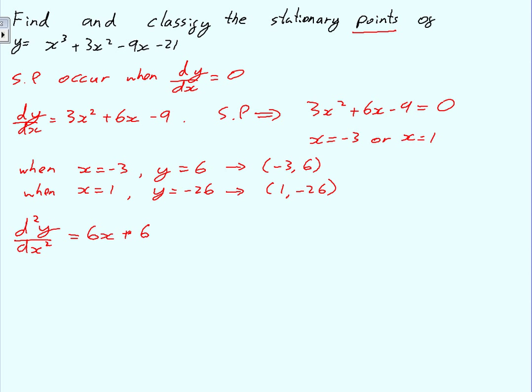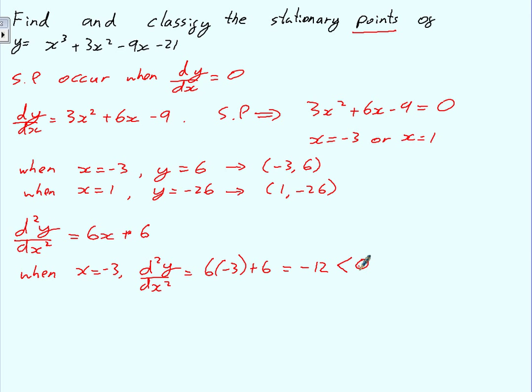So once I've found the second derivative, I need to evaluate this for the two x values I've already worked out. So when x is minus 3, d2y by dx squared is 6 times minus 3 plus 6, which is 6 times minus 3 is minus 18, plus 6 is minus 12.